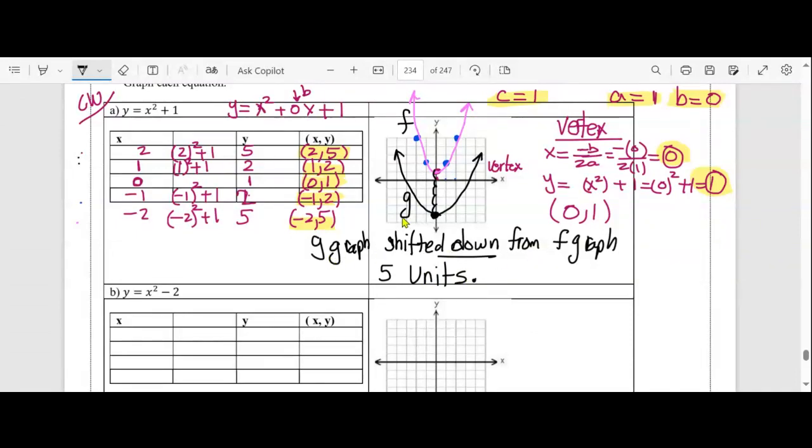If they ask what happened to the G graph, you will say it shifted down from the F graph by 5 units. Is this clear, everybody? Yes, it is.